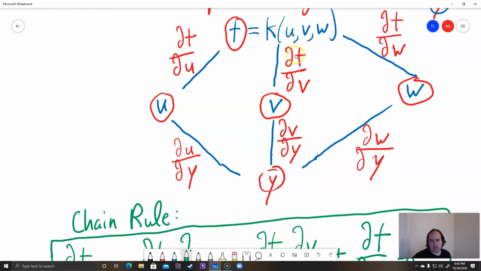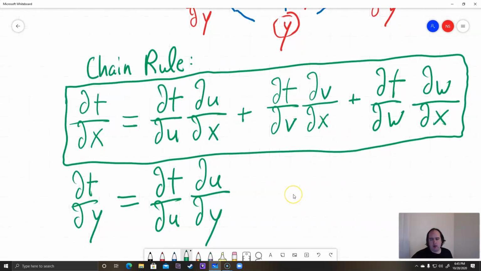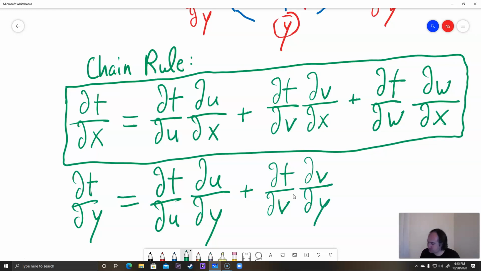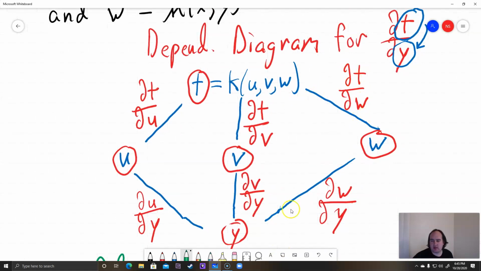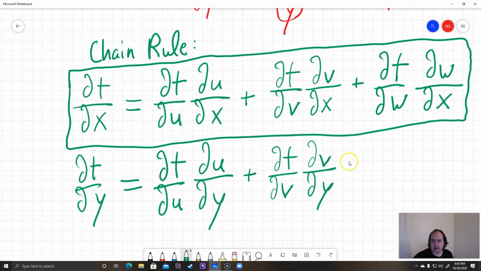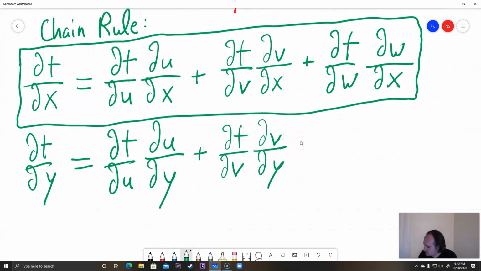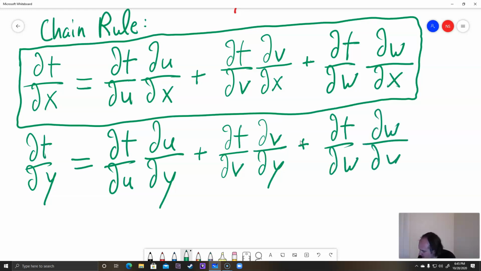And then the middle, we have plus partial t, partial v times partial v, partial y. And then for the very right branch, we have plus partial t, partial w times partial w, partial y.